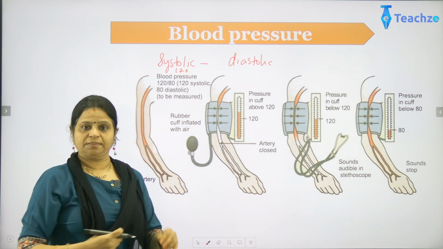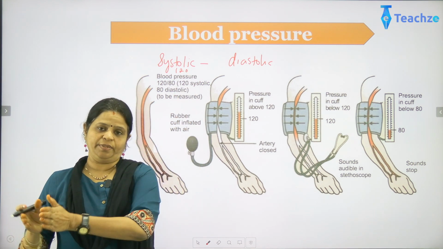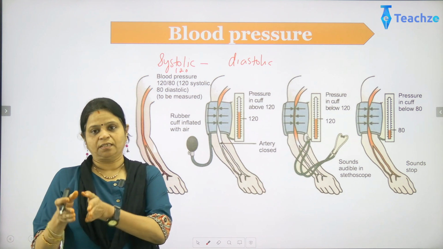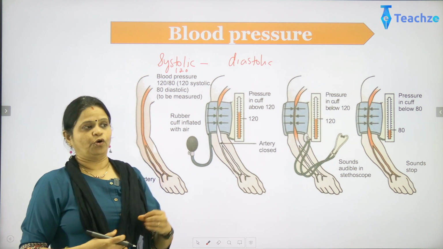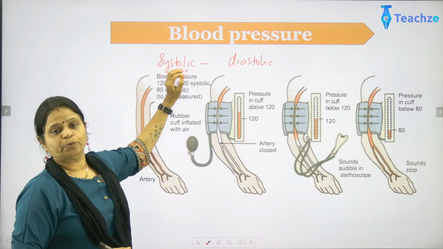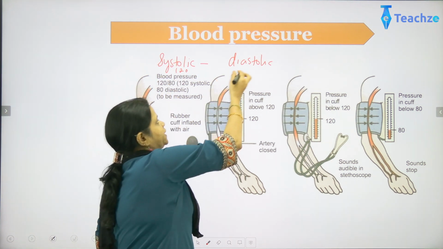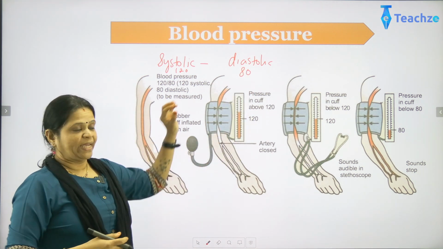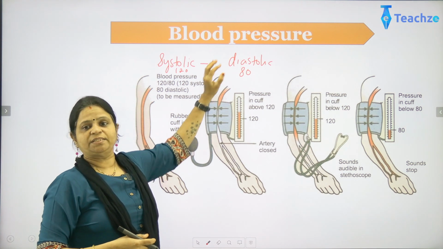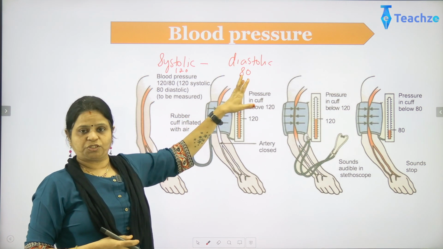That will be the maximum for a normal healthy individual. With age it might go up to 140. Anything above 140, the pressure is considered high. Similarly, the diastolic pressure will be at 80. That will be normal. Anything above that, 90 to 100, again is a variation.